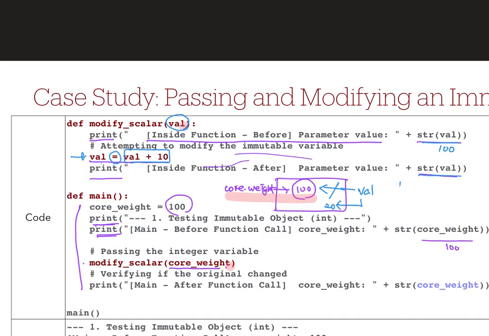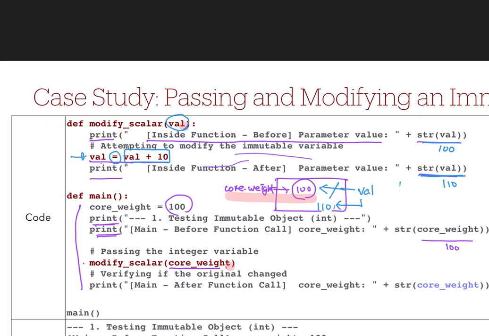So when you run this print, I'm sorry, it is 100 plus 10, so it will be 110. So VAL is connected to the value 110. At this point, 110 is displayed. And then that's the last line of the modify scalar function.